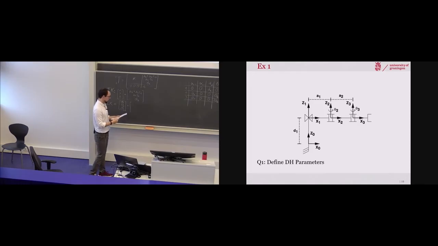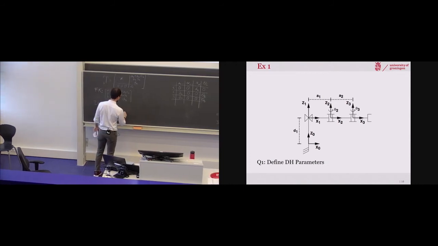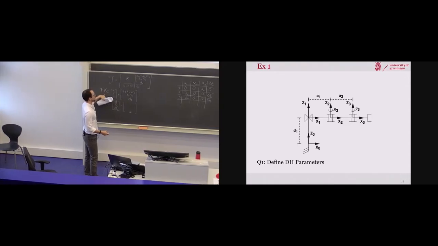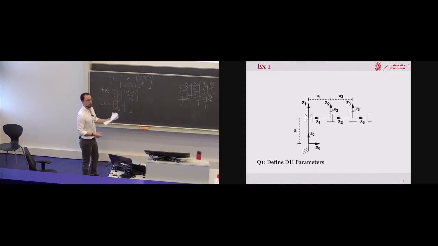So, as you can see, there is no dependency on theta 3. So theta 3 does not appear over here, because here we were just considering the origin of frame 3. So we are considering the forward kinematics from frame 0 to frame 3. Sorry, not to the end effector. And that's why this relation is independent of theta 3. So theta 3 doesn't matter.